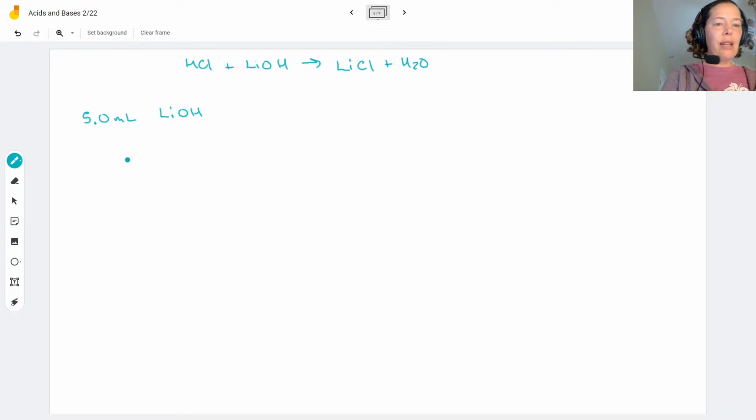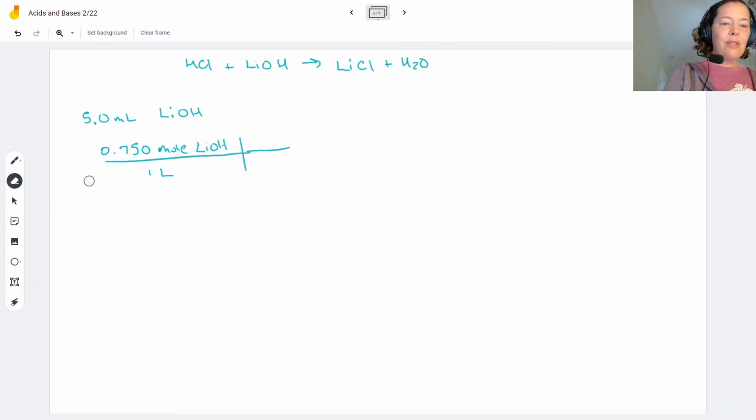So let's figure out how many moles of lithium hydroxide I have added at this point. So moles of lithium hydroxide over 1 liter. Again, this is my concentration.